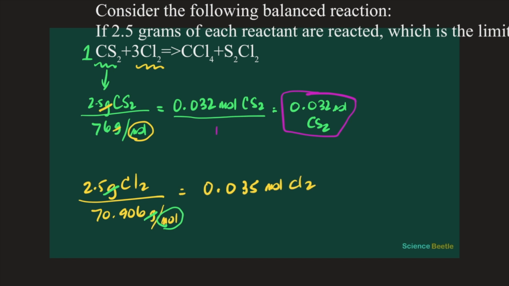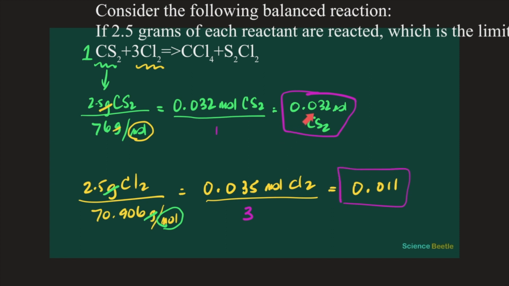Now I do need to divide this by the coefficient for the chlorine. In this case, it'll be a 3, so I'll put a 3 down here at the denominator and carry that math out. So I'll take that number that I got before, divided by 3, and then the number that I get here is 0.011.